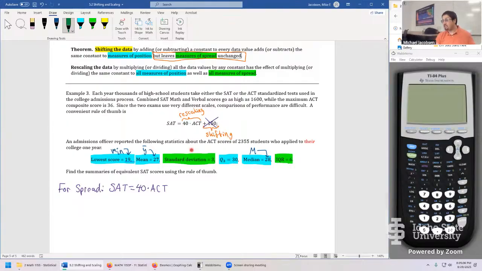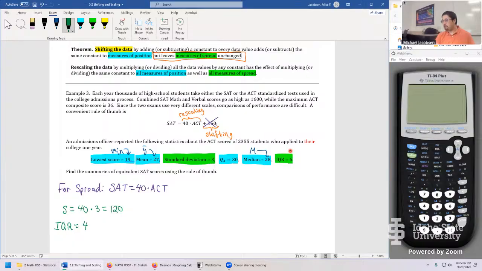Standard deviation S is going to be, this is an ACT value of 3, so it goes into that part of the formula. It'll just be 40 times 3. So 120 points as an SAT is the spread of data for the 2,355 students. Do it again for IQR, kind of more friendly values here.